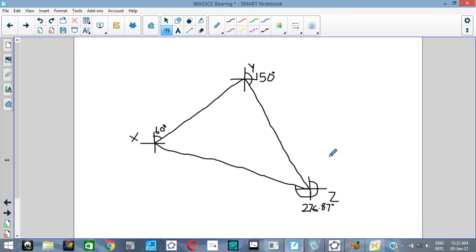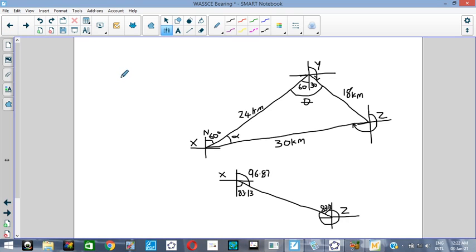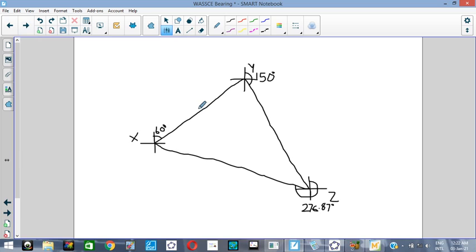Okay, so this is the actual position of the bearing. You can put in your values of the length, 24, 18 and 30, and that is all. So that is the end of this question.